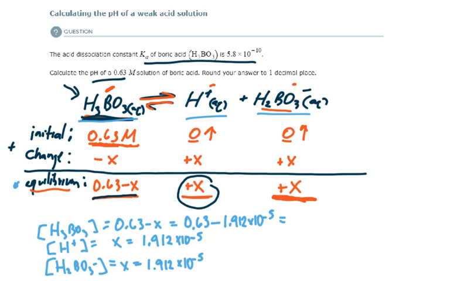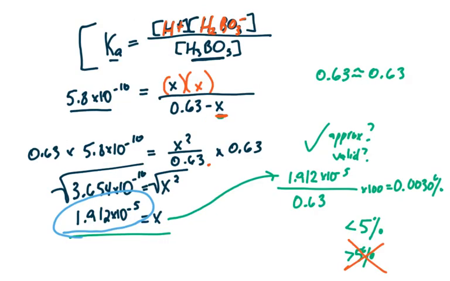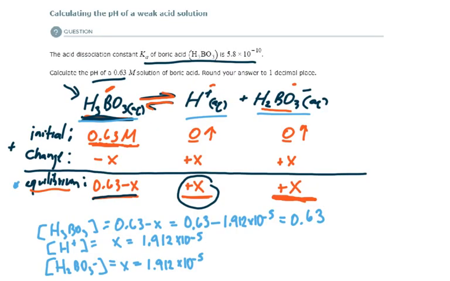So this concentration for boric acid would be 0.63. And you can see, of course, that falls in line with the approximation that we made. We said X would be so small that if I did subtract it from 0.63, it'd be pretty much 0.63, which is what we did here, and we ended up still with a value that rounded to 0.63.